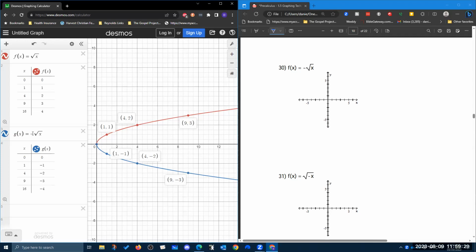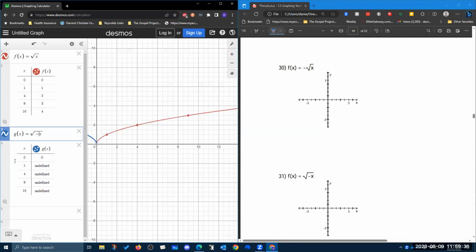Now let's try it the other way, with the multiplication by -1 on the inside with x. And I'm going to have to change the sign of all of these.